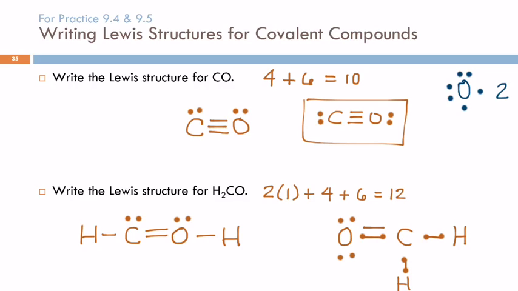Let's look at carbon. How many valence electrons? 4. How many of those are not paired? 4. Carbon tends to form 4 bonds. Let's look at nitrogen. How many valence electrons? 5.